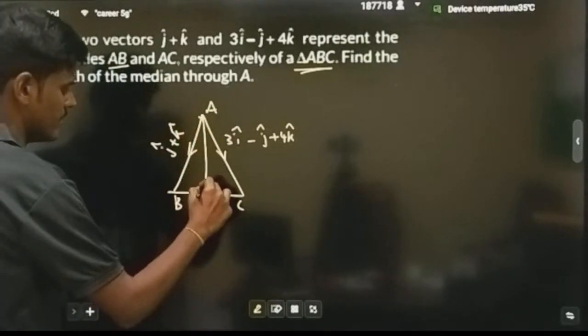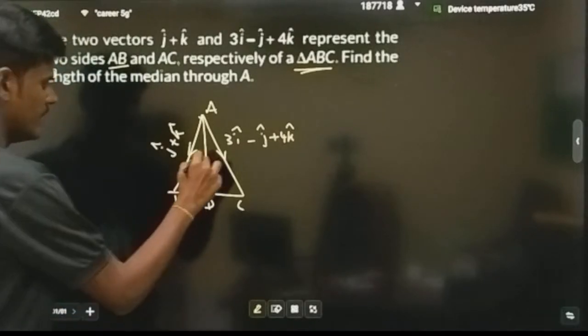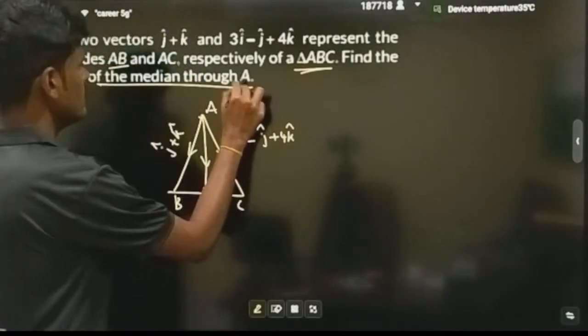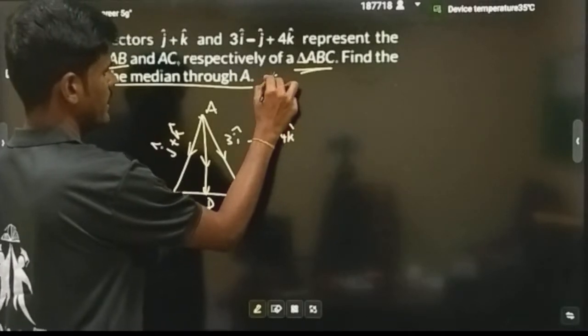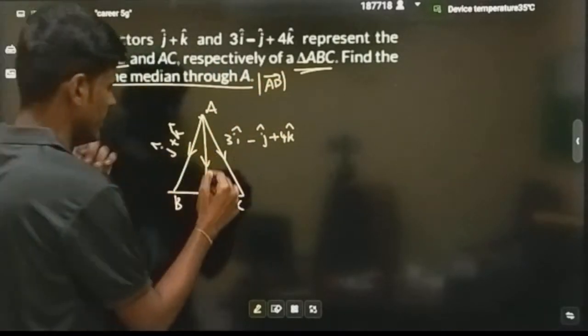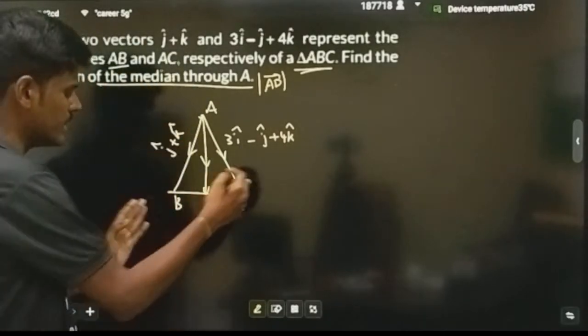Median through A is given by this. Let this point be D, and the median is AD. What we need to find is the median through A, that is the magnitude of AD vector. This is what is asked in the question. Now, we already know D is the midpoint of BC.